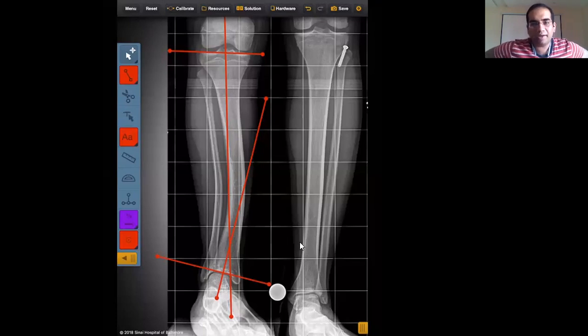If you get a Cora in a case of deformity, and you appreciate that the Cora is not coinciding with your obvious deformity, or the two reference lines are not joining each other, or the reference lines in the tibia are outside the bone, then it must not be the true representative of that deformity. So obviously in this case, you have to look for another deformity.